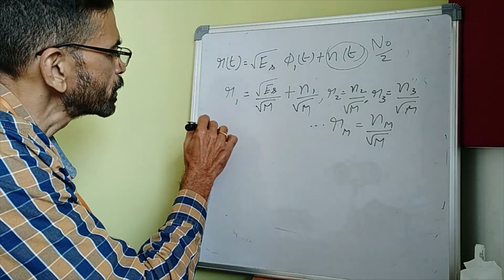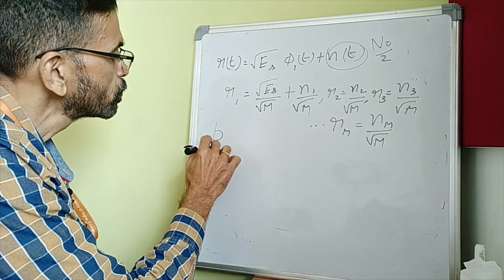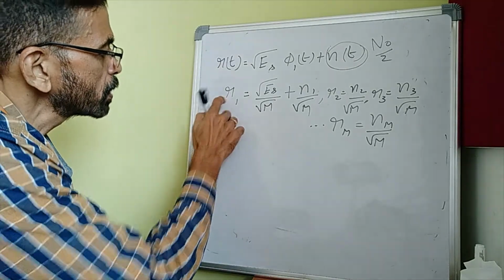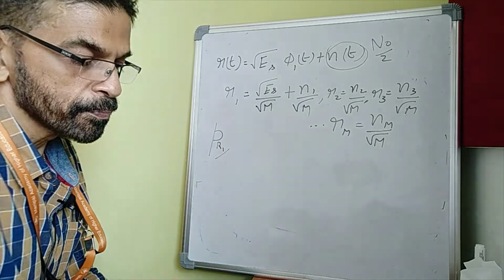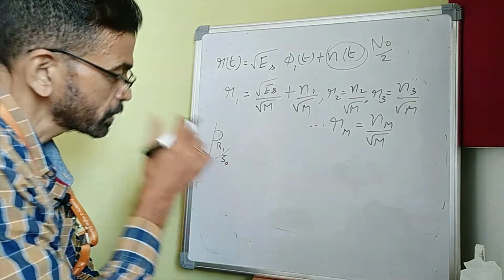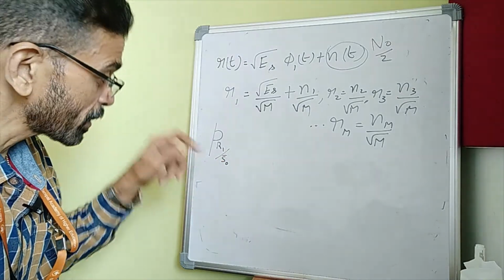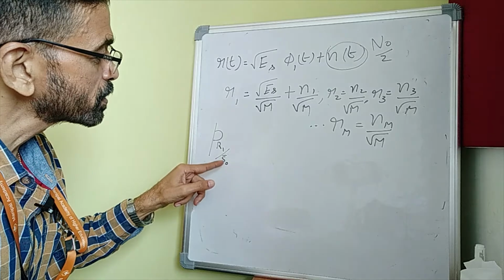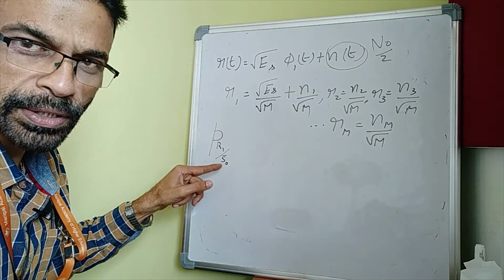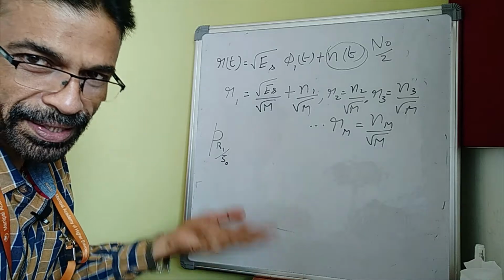So I can now write the conditional density function of the random variable R1 given that S0 was the transmitted signal. I'll just put it like this for my convenience, given S0. If you remember, this is the vector representation of the signal S0. It is the same thing, because if we know the basis functions, we can recreate the signal.